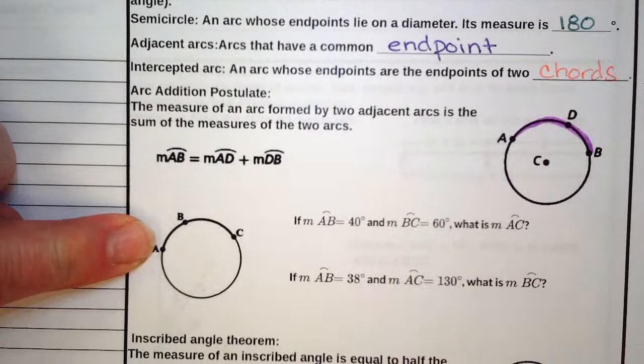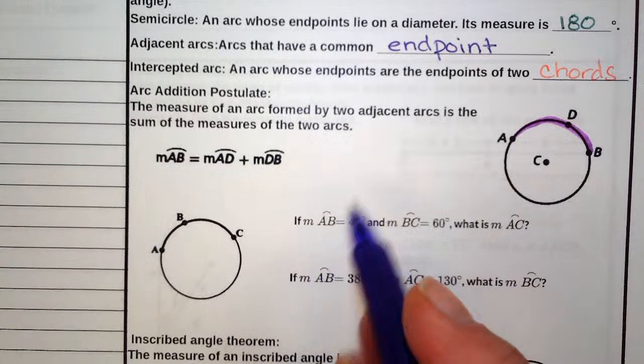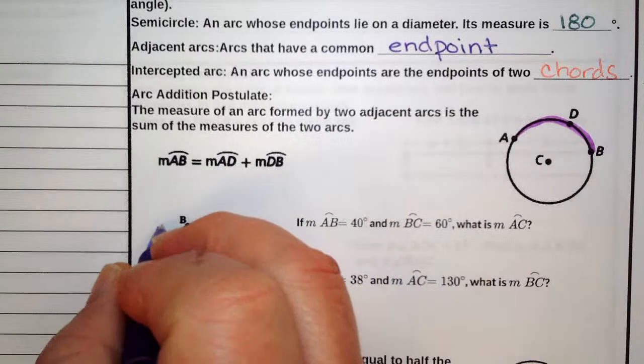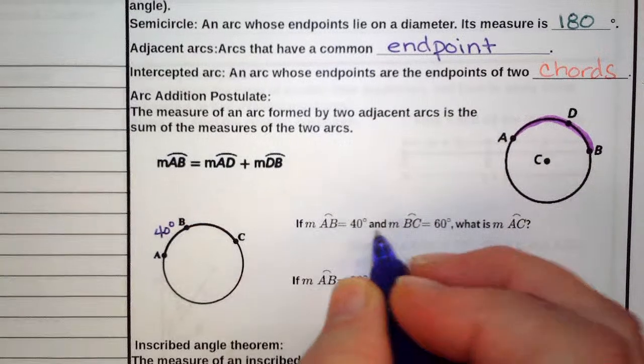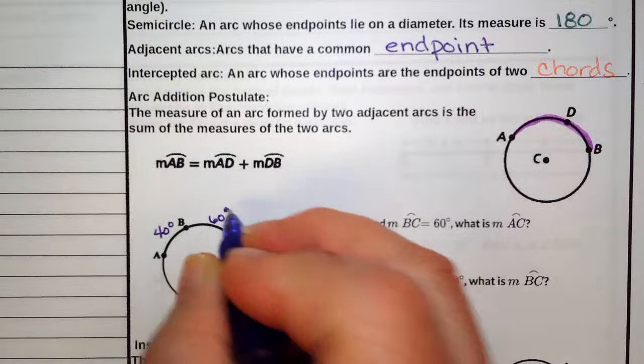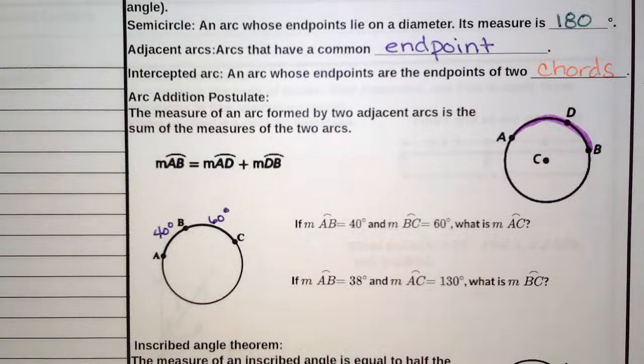We've got this circle here, and if we're looking at the first problem, we know that AB, this part here, would be 40 degrees. And BC, this part here, is 60 degrees. And we want to know what is that whole length.